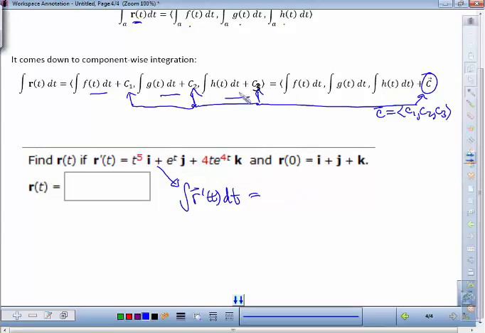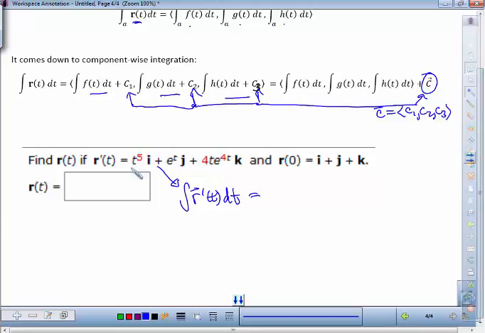We can choose to have arbitrary constants for each of the components, or we can just have one vector component outside of that. Let's keep it outside.